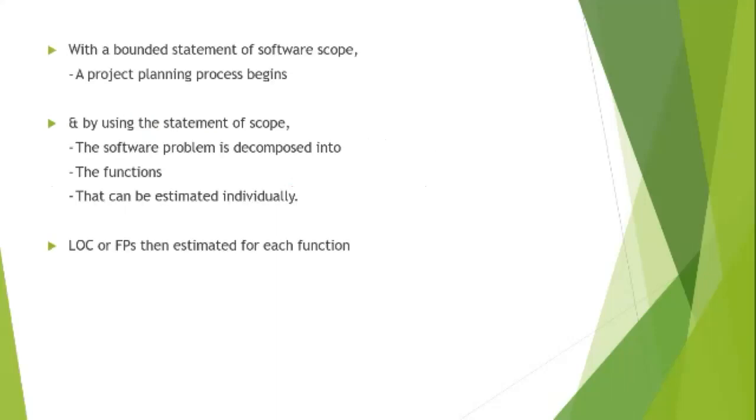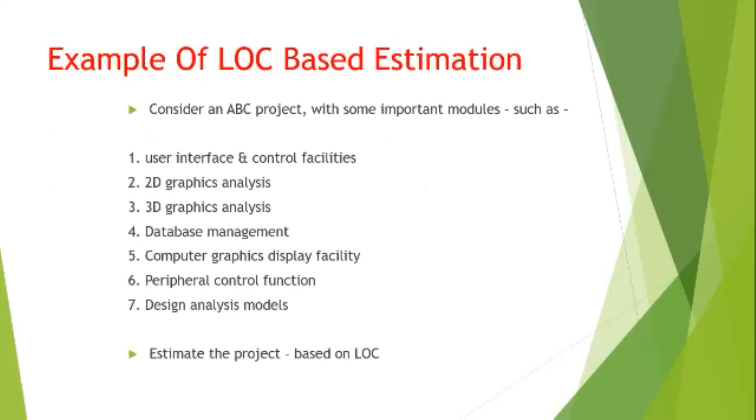With a bounded statement of software scope, the project planning process begins, and by using the statement of scope, the software problem is decomposed into functions that can be estimated individually. LOC or FP is then estimated for each function.